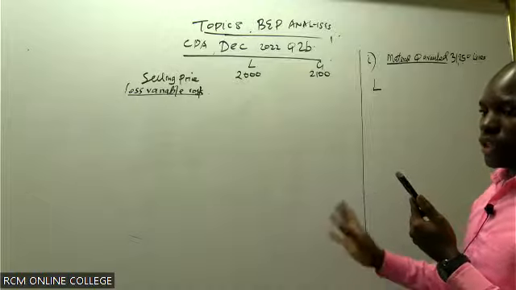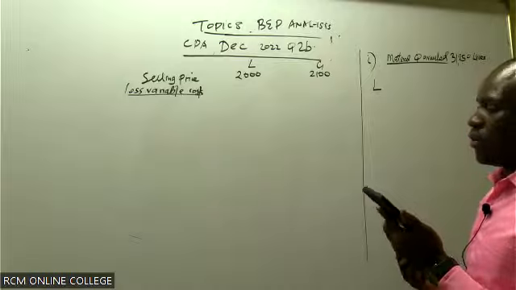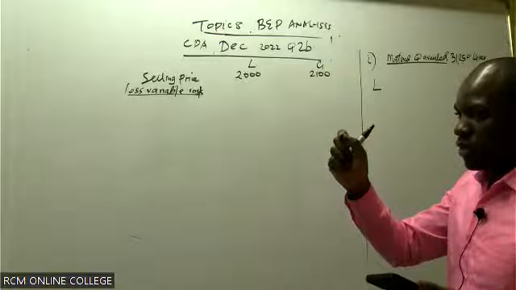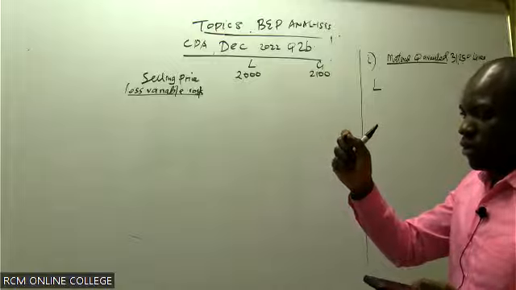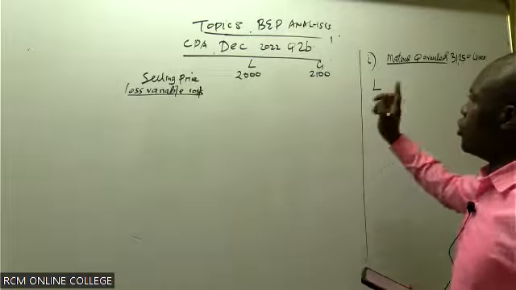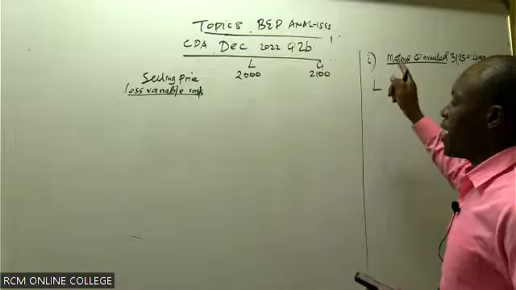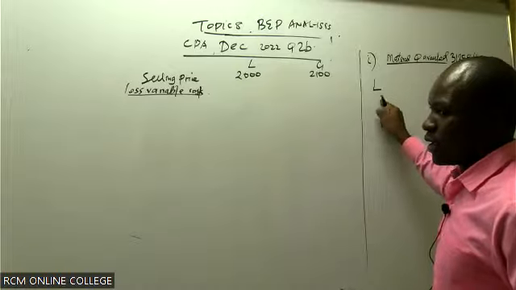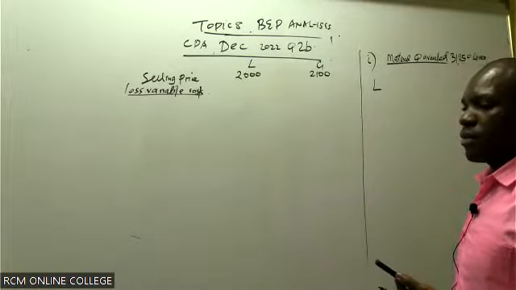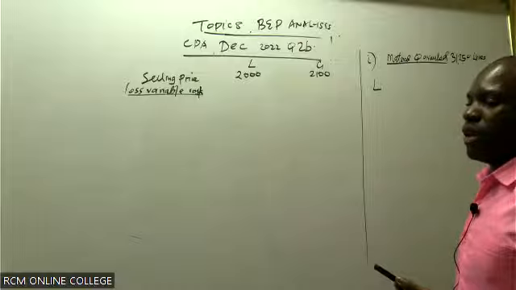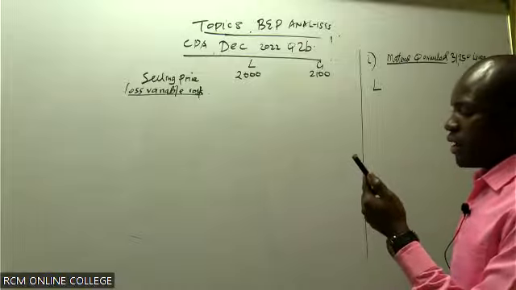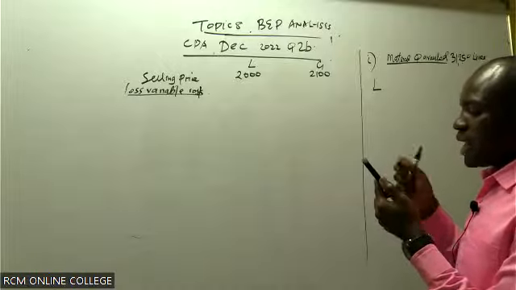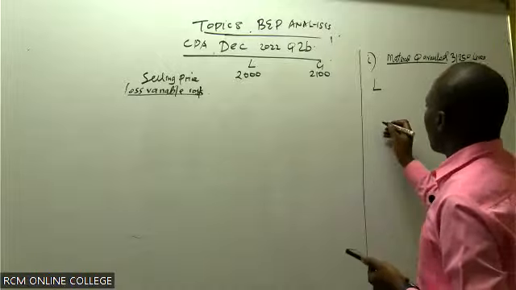Watu wote wameniangusha. What did we say? What you are given there is the cost of material Q used to produce 1 unit of L. Lakini liters required to produce 1 unit of L is not 200. Look at what we are given there. First of all, direct material Q, the cost per liter is 1 liter.